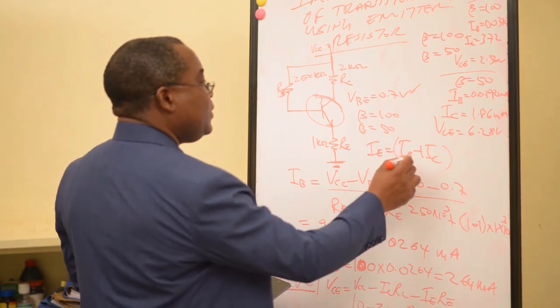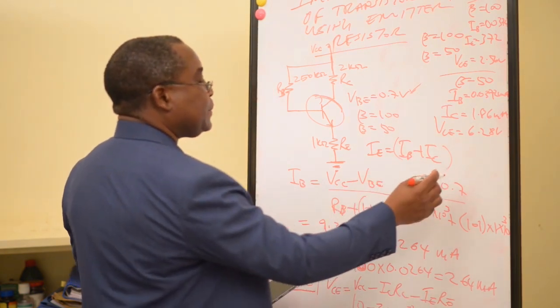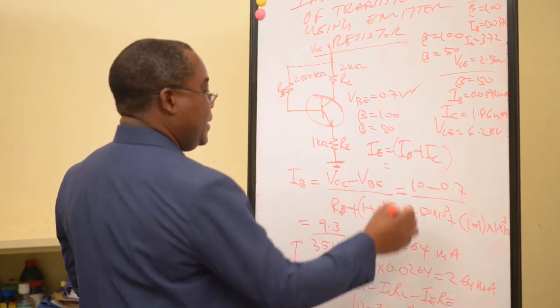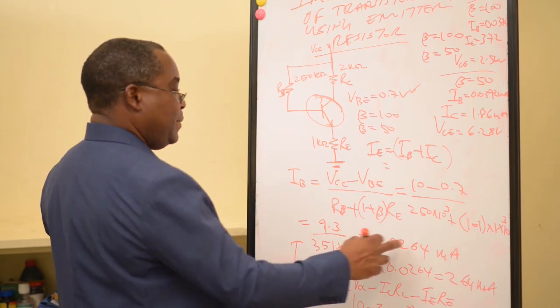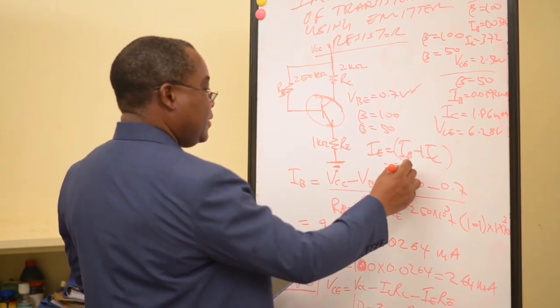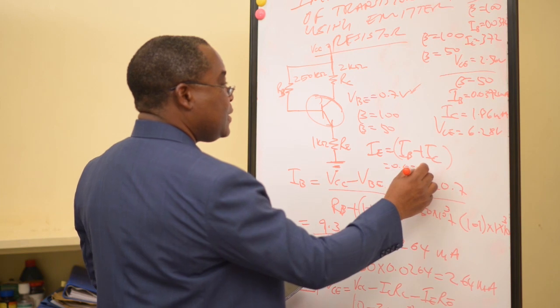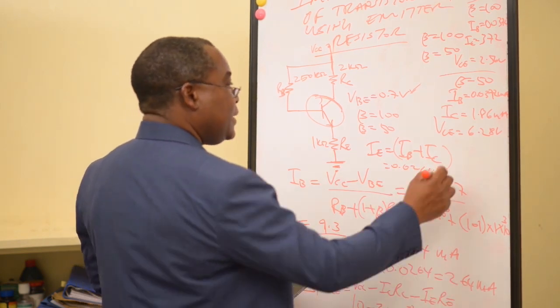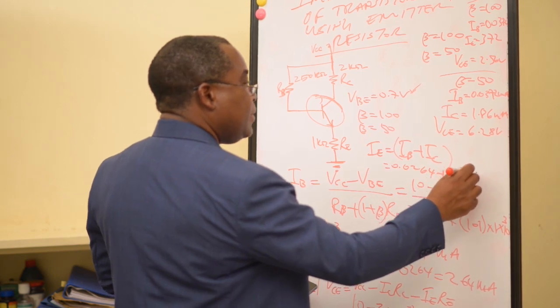So we have to sum up here. We can have IE, which is equal to IB, which is 0.0264, plus our IC, 2.64.